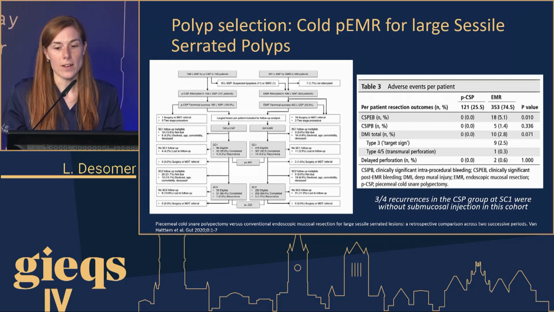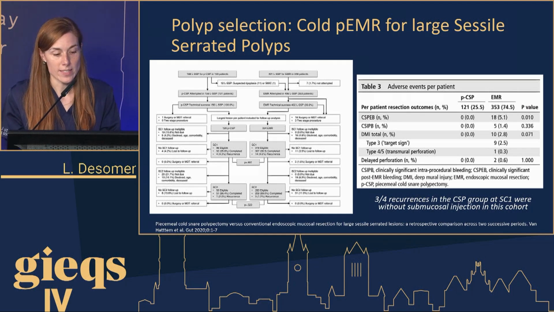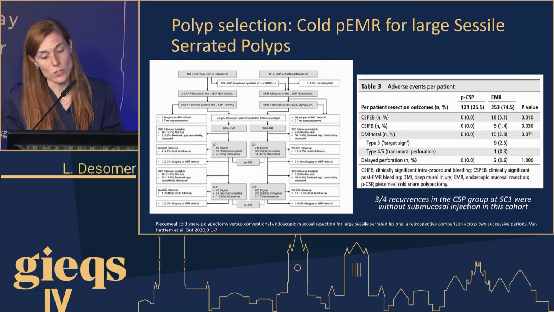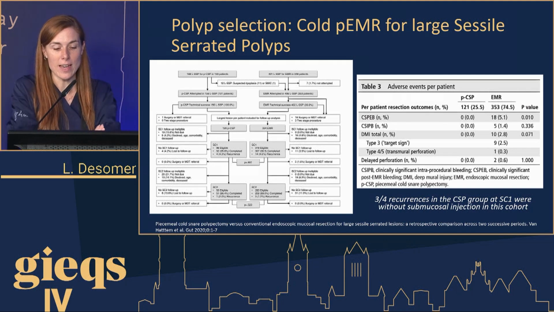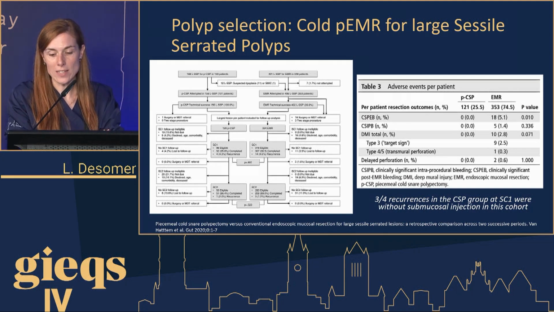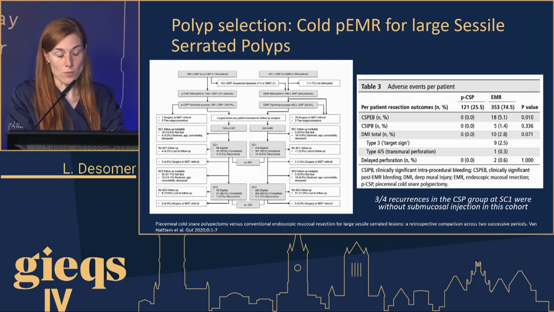Now, cold snare for large serrated polyps has been proven in this very recent study in 2020, sorry, it's a bit of an older study, but it shows that actually at the first surveillance colonoscopy, the recurrence rates are low.